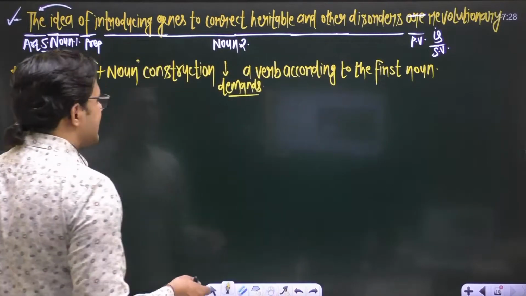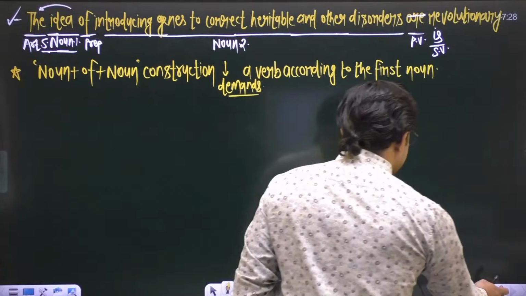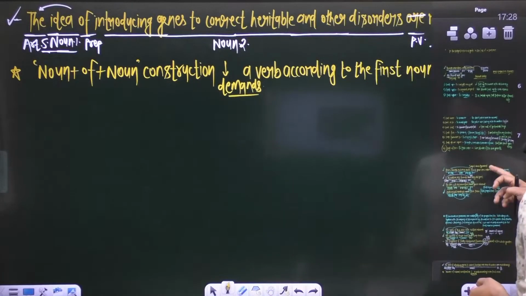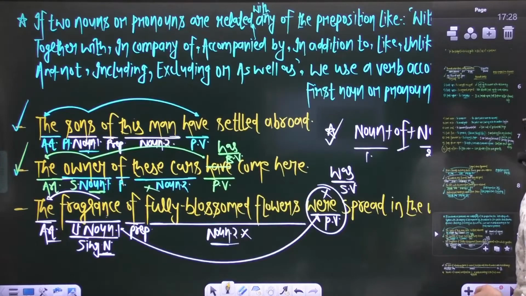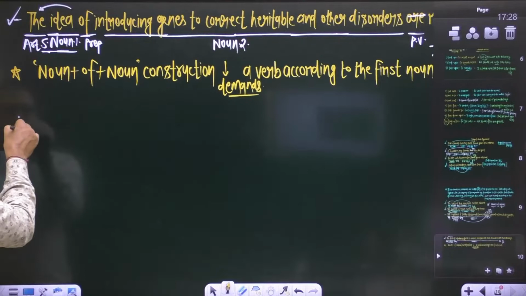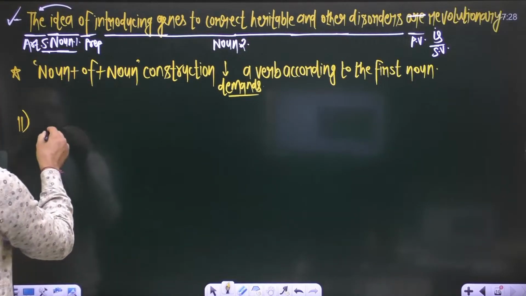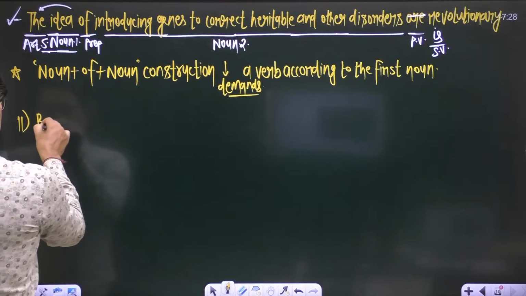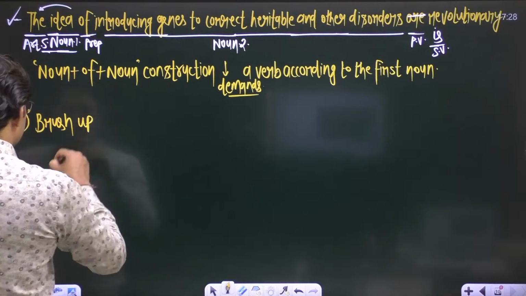Okay, let's come to the phrasal verbs now. In the last class, we discussed some phrasal verbs based on look, right? So let's take another example. This one is the 11th phrasal verb, and that is brush up.